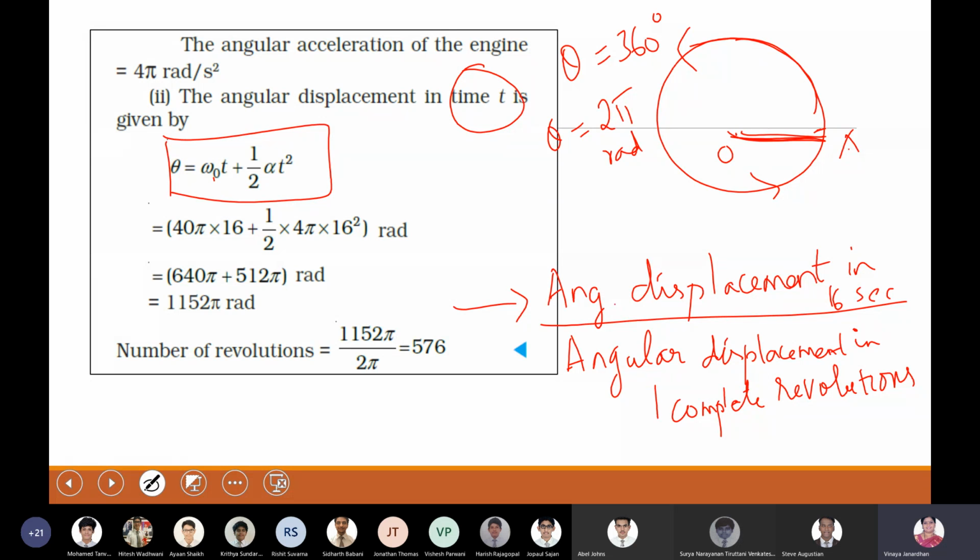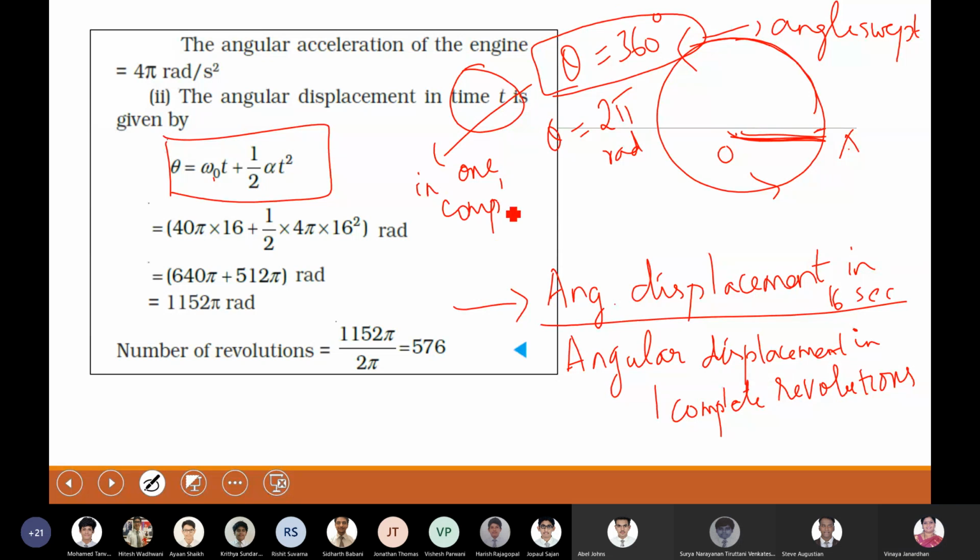When a body completes one full revolution, the angle swept is 360 degrees, or in radians, 2 pi radians. That is why you get 2 pi in the denominator.